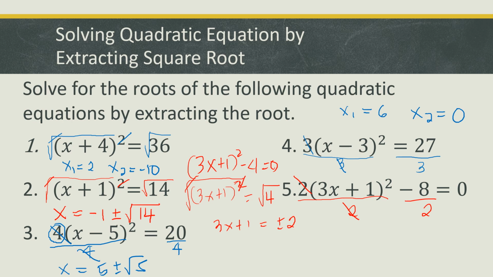Then, let us transpose first positive 1, that we have 3x is equal to negative 1, positive negative 2.